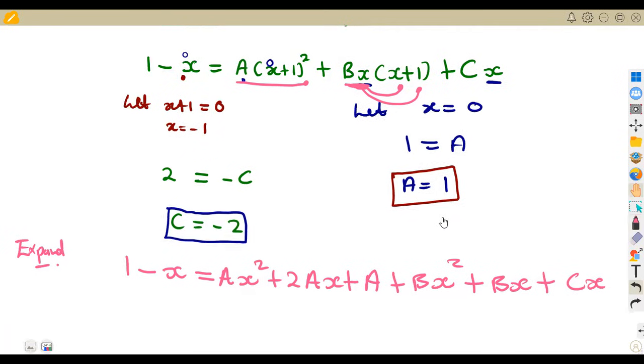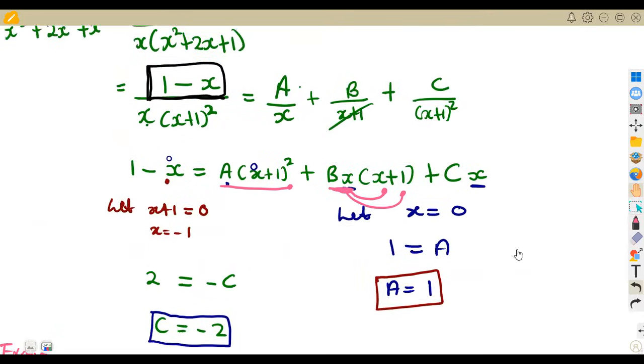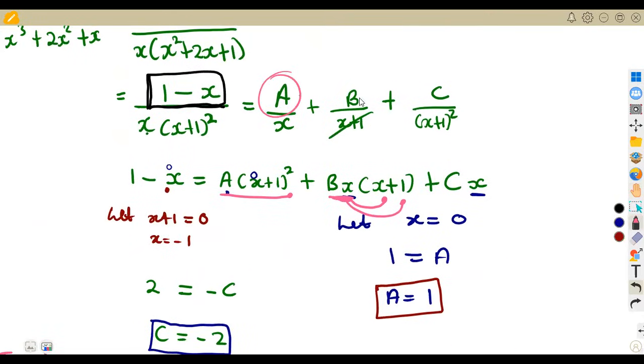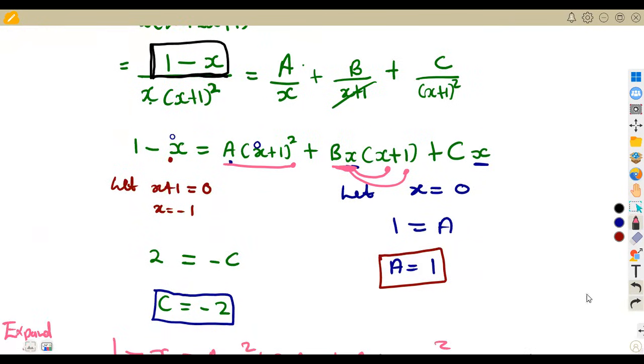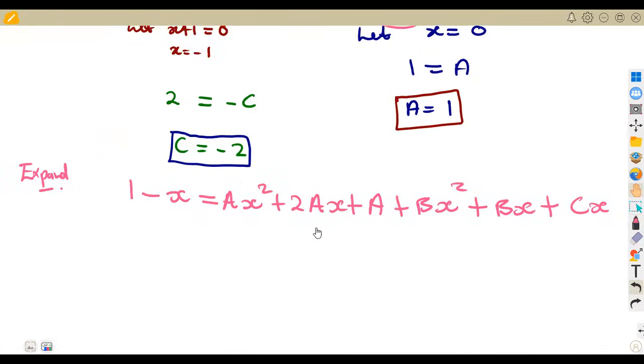All right, once you have expanded, take note, here we have a, b, and c. We have calculated a and c. So we are focusing on calculating what? On calculating b. All right, take note, we are focusing on calculating b. So we are supposed to equate the coefficient of x squared, but we have to check, do we have b in the coefficients of x squared?